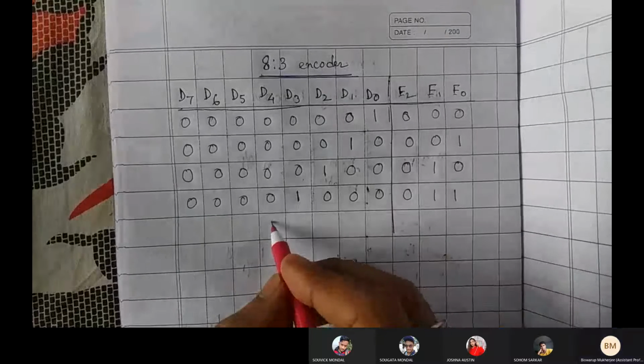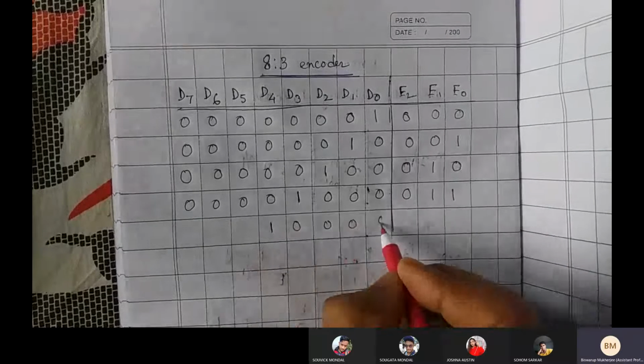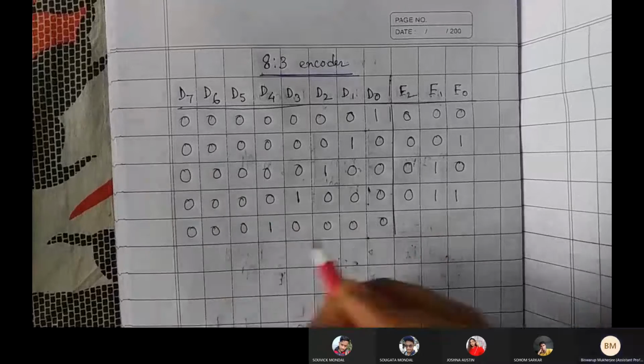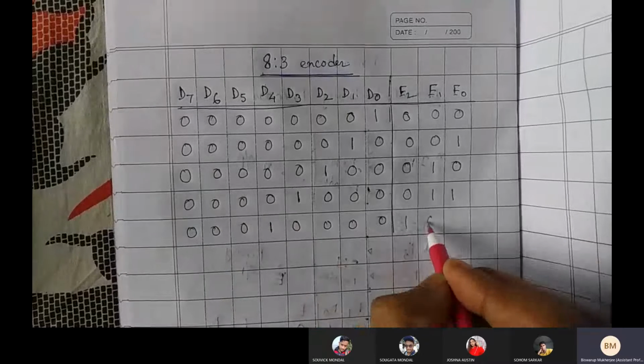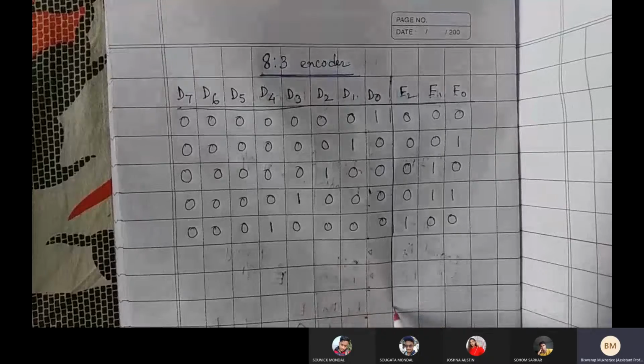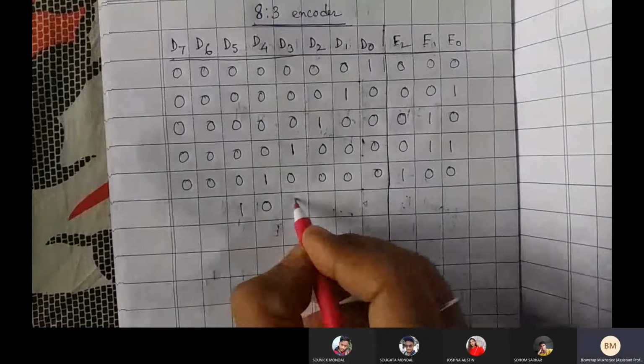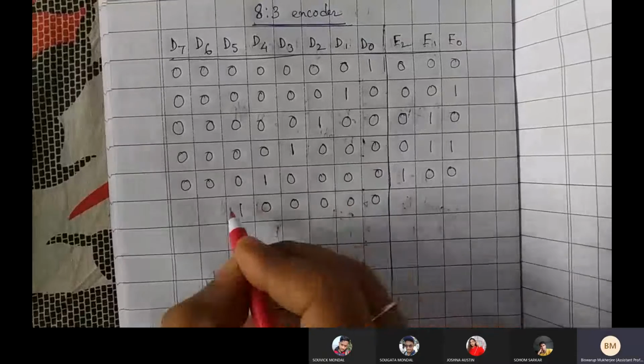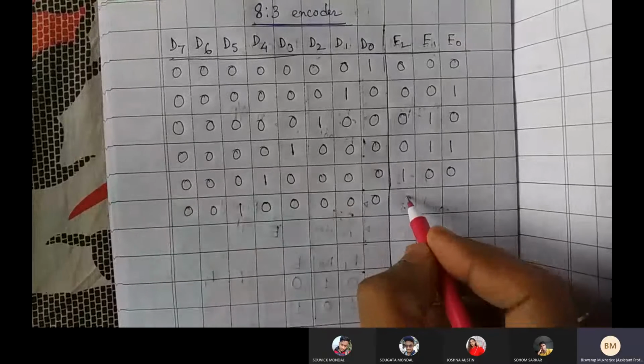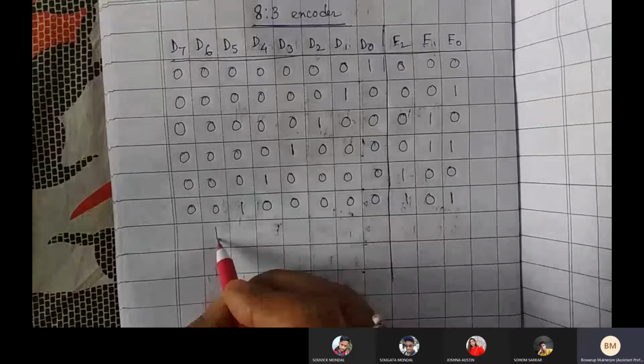If D4 is 1, rest all are 0, it will be 1 0 0. Similarly, if D5 is 1, rest all are 0, then we'll have 1 0 1. Similarly, D6.